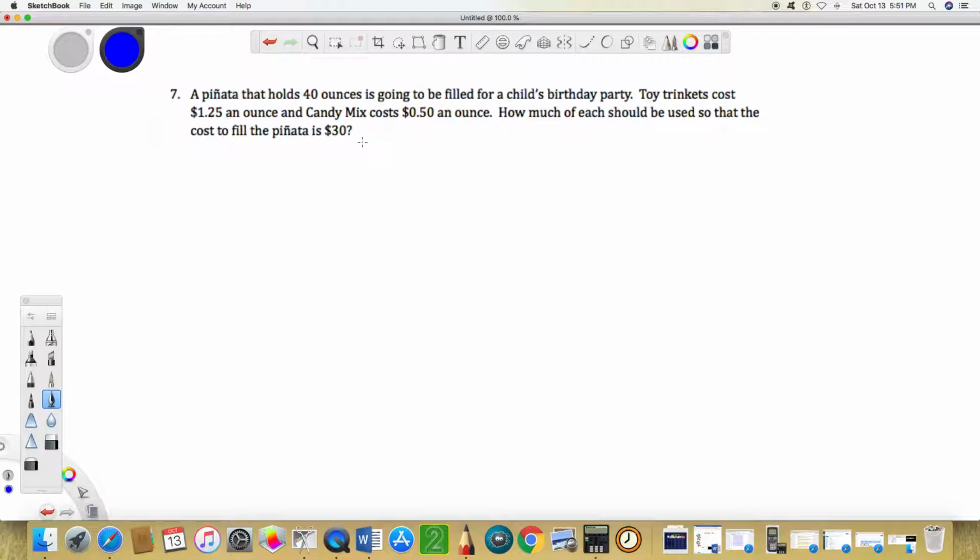So our ingredients are the candy mix and the toy trinkets. Our weak solution is our 50 cents per ounce, and our strong solution is the $1.25 per ounce.